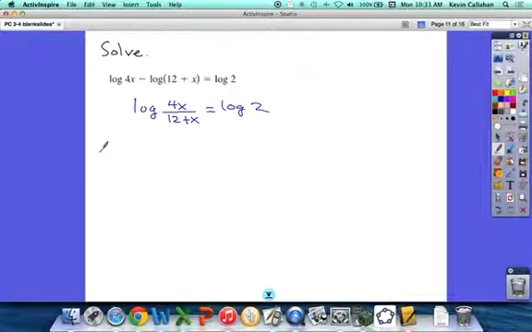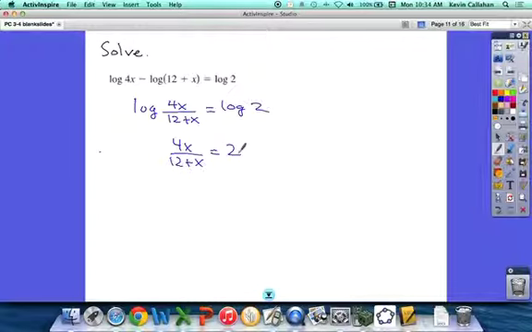And now, since the logarithm on the left equals the logarithm on the right, they're both base 10. What equation can I write down? Yeah, 4x over 12 plus x equals 2, right? One-to-one property. And then that is something you can solve using other means.